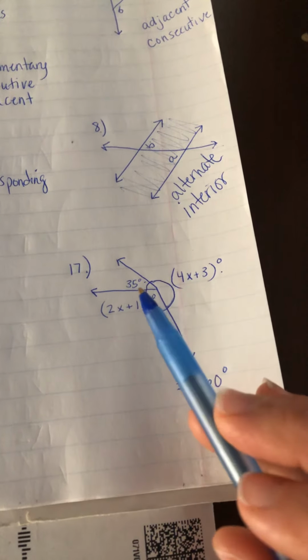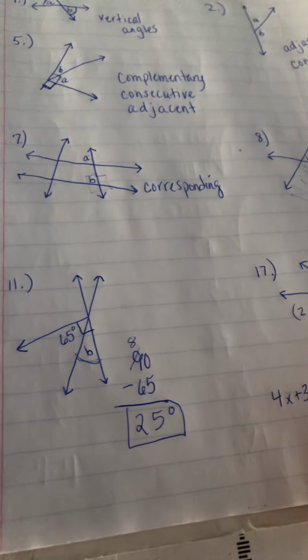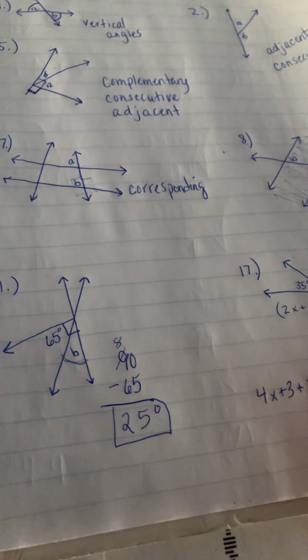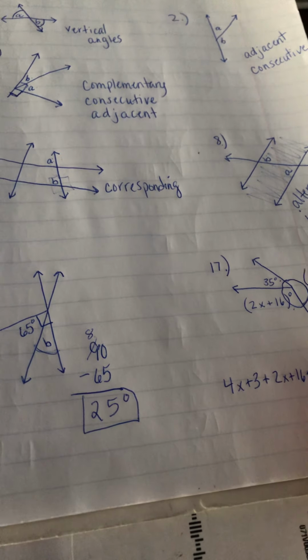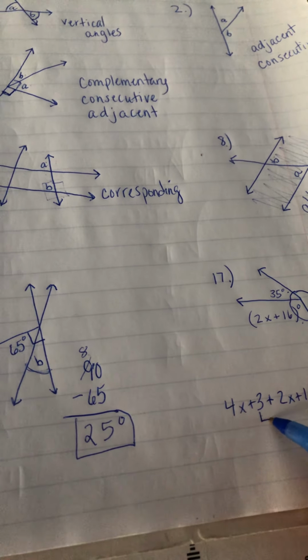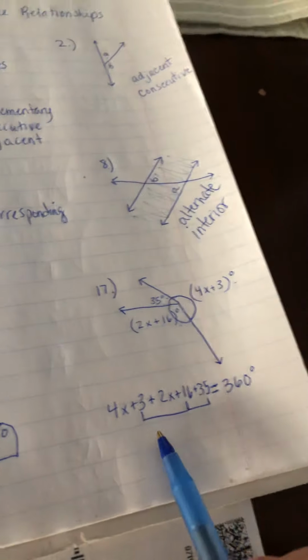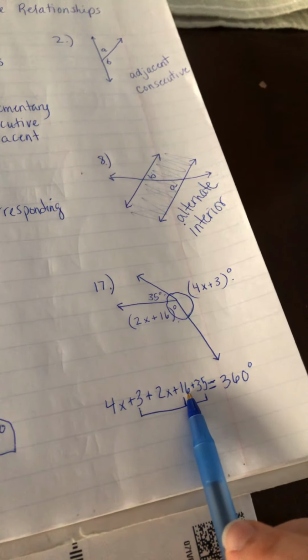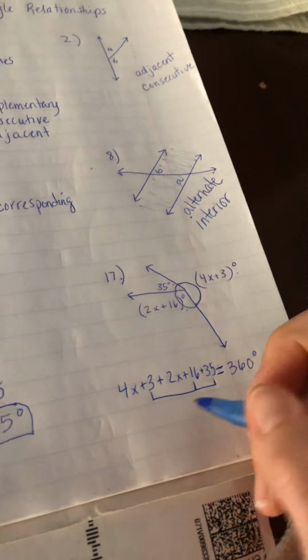So we're going to add this to this and this. 4x plus 3 plus 2x plus 16. I didn't really leave myself much room, but plus 35. We're going to combine our like terms, so the numbers 3, 16, and 35, those can all be added. 3 plus 16 is 19, plus 35 is 54.